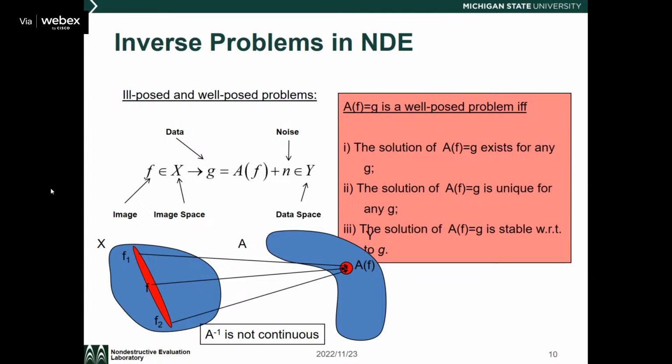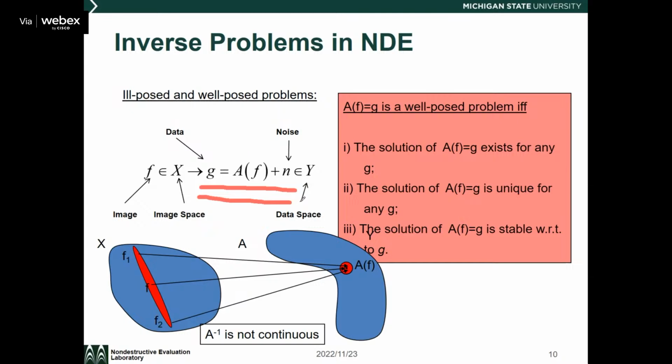And this is actually the signal equation I deal with a lot in NDE problems, and even in other problems where I deal with signals or measurement. So from F to G is the forward problem, from X to Y, and from G to F is the inverse problem.